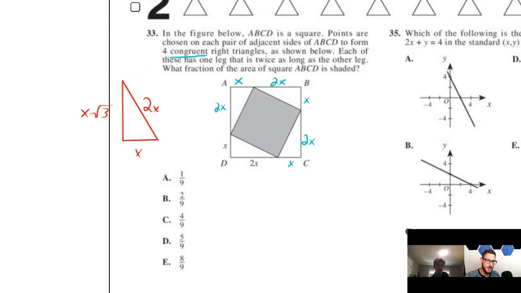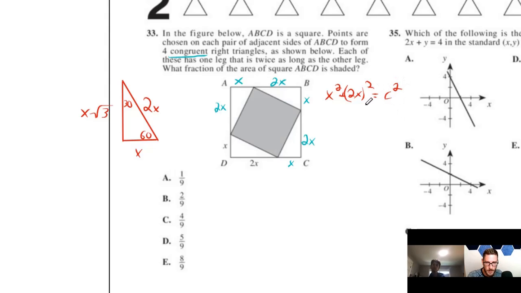Okay, so what else can we do to try to figure this out? You do Pythag? Yeah, we could do that. So if we do the Pythagorean theorem, we could say x squared plus (2x) squared is the hypotenuse squared, or c squared.